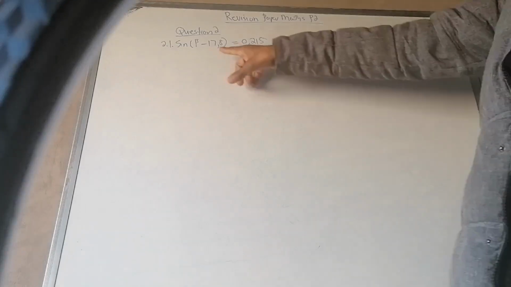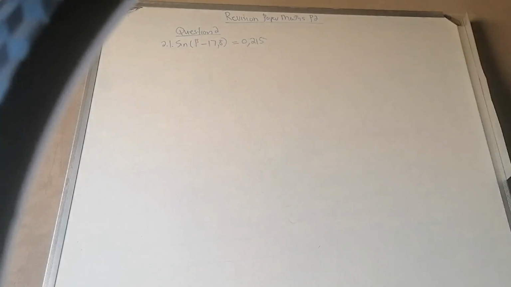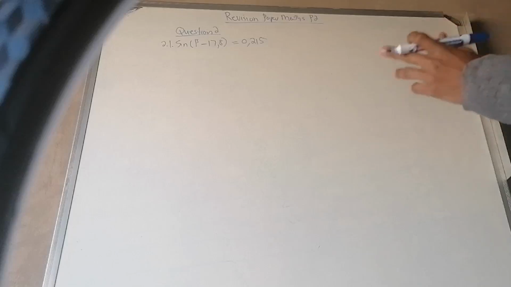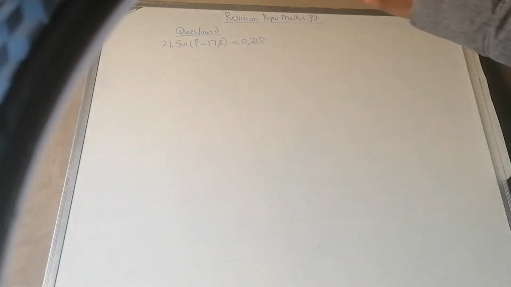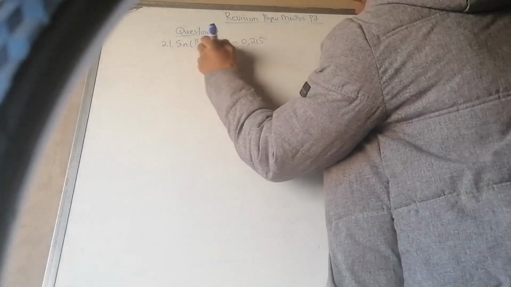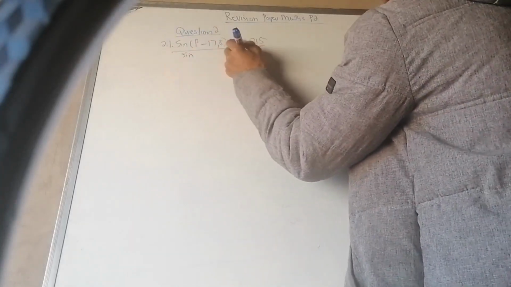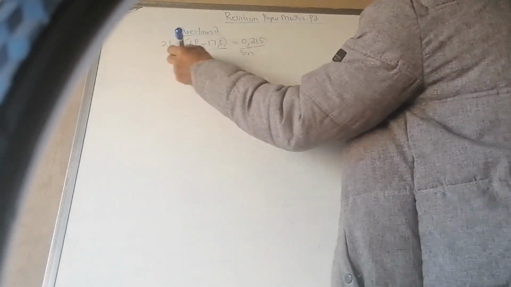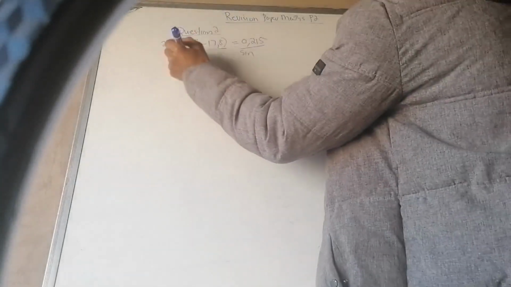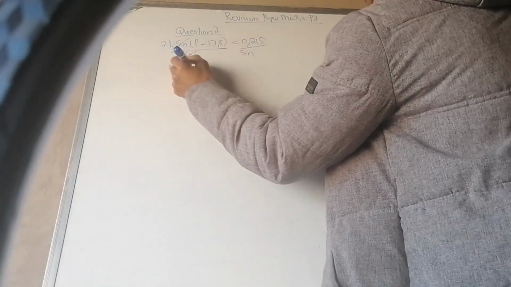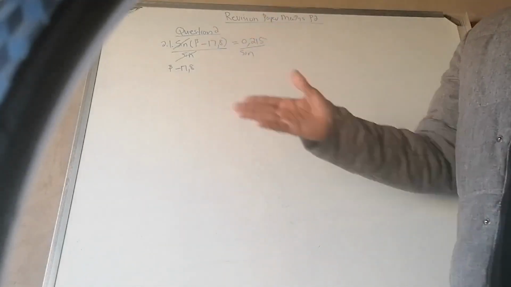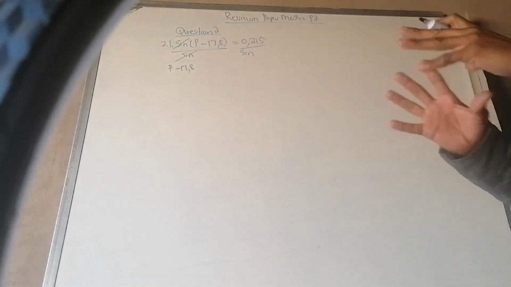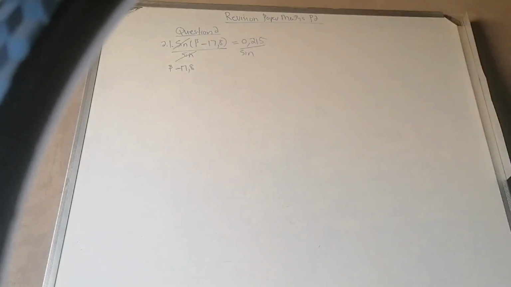Now, in order to find that angle, it must be an angle that is less than 90 when we calculate that. The first thing I will do is get rid of sine by dividing both sides by the sine. This into this will go once. You are left with beta minus 17.8. Why am I removing the bracket? It's because there's no longer multiplication that has to take place between sine and whatever is inside the brackets.